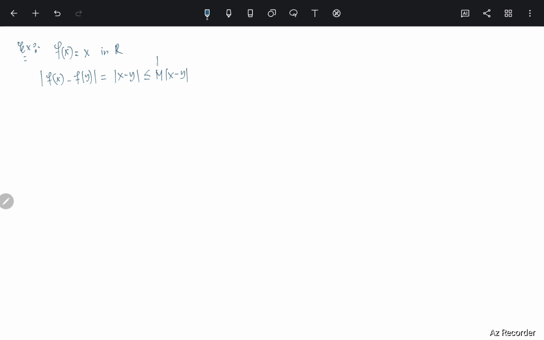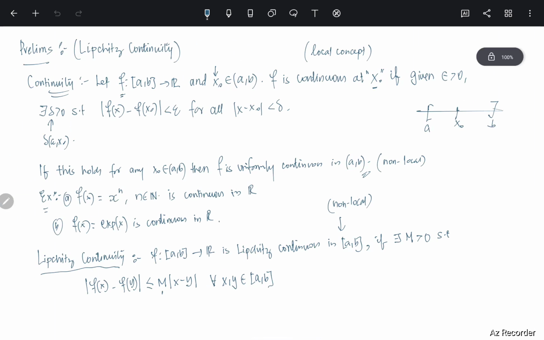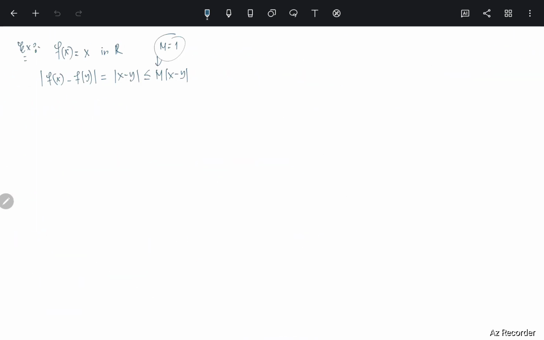But if we choose m to be 1, then this is Lipschitz continuous. So this m is called the Lipschitz constant. For f(x) equals x in R, whether over any bounded interval or the whole of R, m equals 1 is a Lipschitz constant. So this is a Lipschitz continuous function.